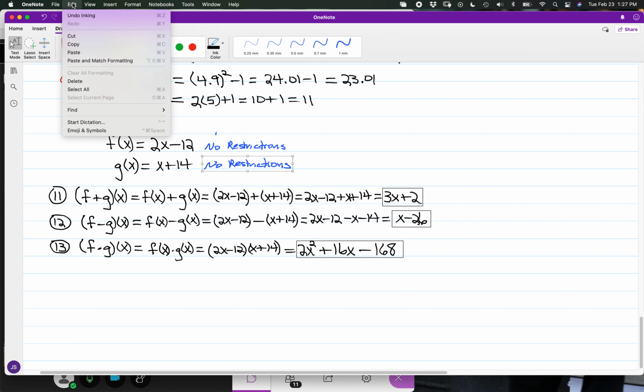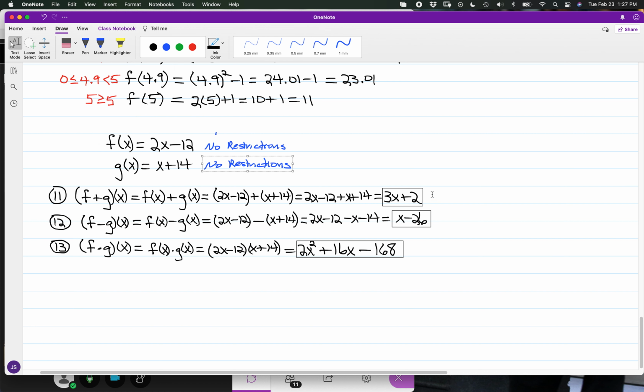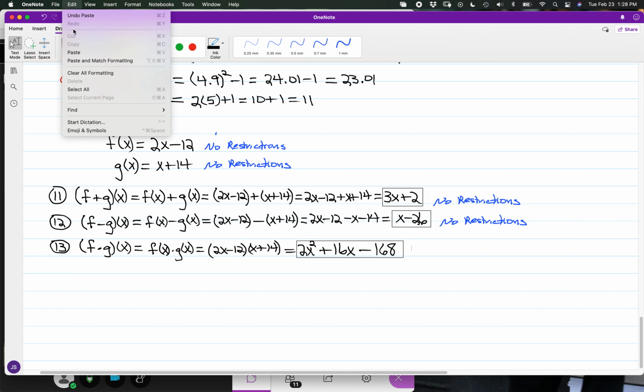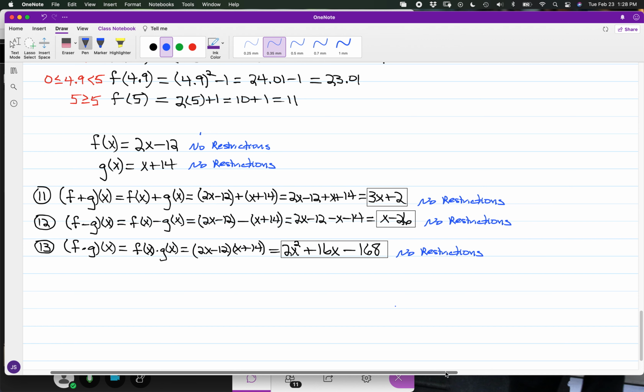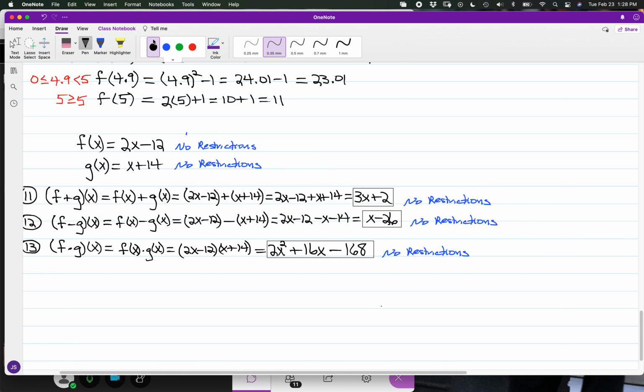So that means that the sum, difference, and product functions will have no restrictions either. And where there are no restrictions, that means that the domain will be the set of all real numbers. And this will apply to the sum, difference, and the product functions.